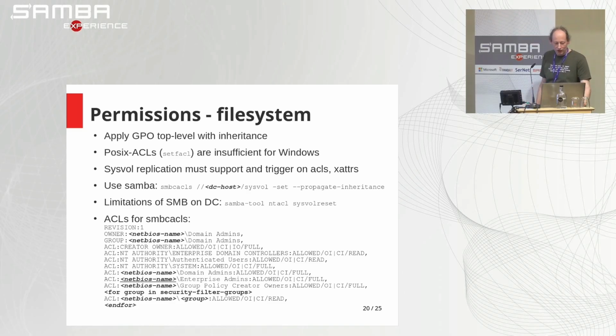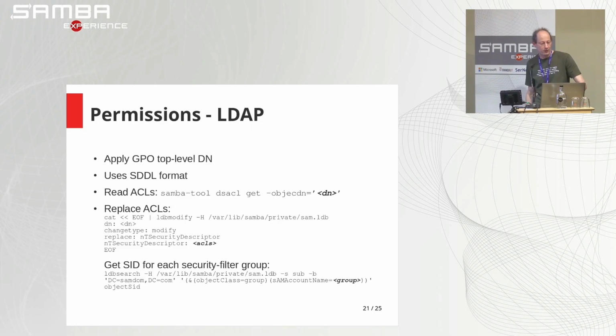Now what do you have to set? That's this big list here below. And you can see near the bottom there's a for loop to set the filter groups in it. So with this you can programmatically generate these ACLs and get it right.